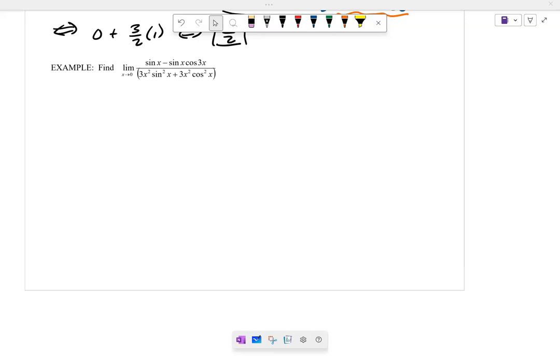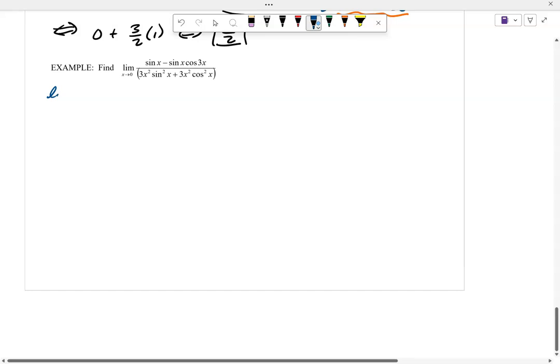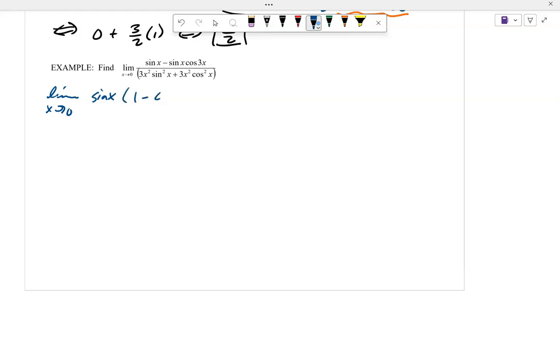Now in this one, what you want to do is factor, if possible, anything out, both in the numerator and denominator. So let's see what happens if I factor stuff out. I'd have limit x approaches 0. I can take a sine out of both terms in the top there. And on the bottom, I can take a 3x squared out.